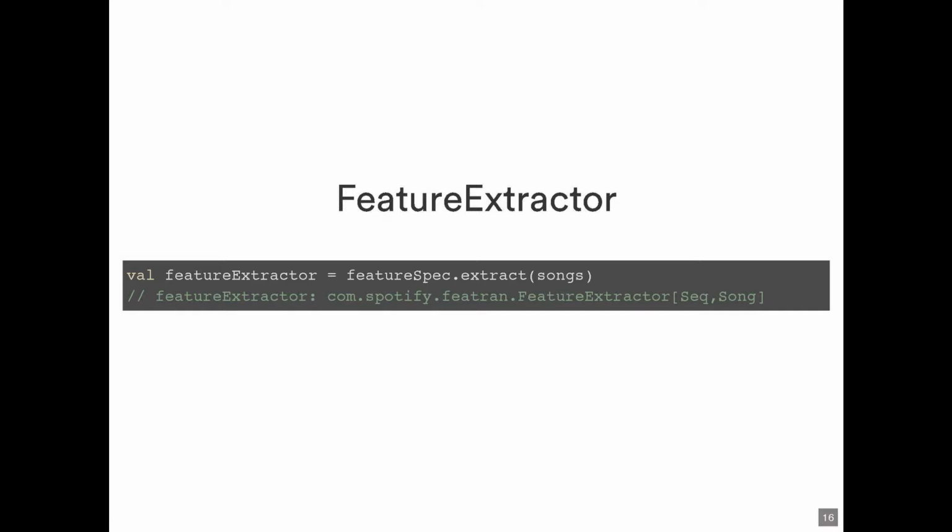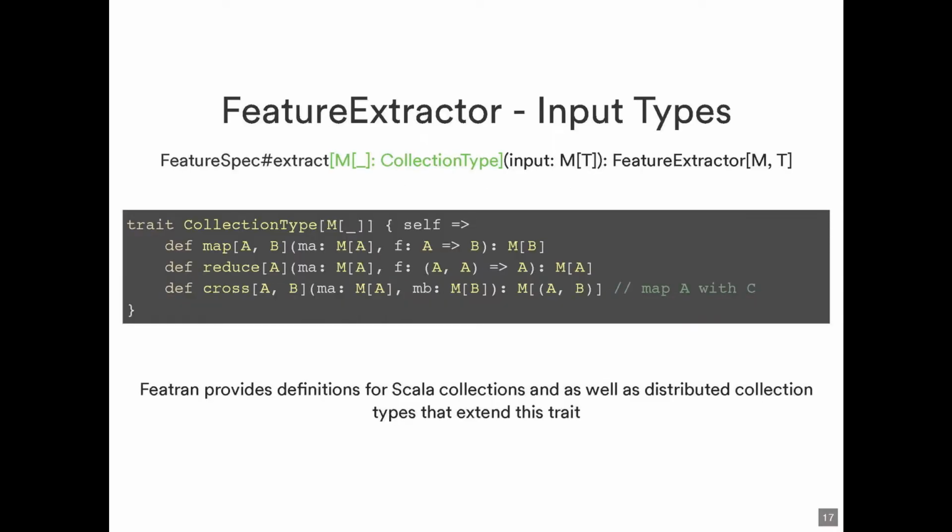And before we go further, I'm going to jump into a little bit about the extract function, because it uses the type class implicit pattern, to give you a lot of collection types for free.